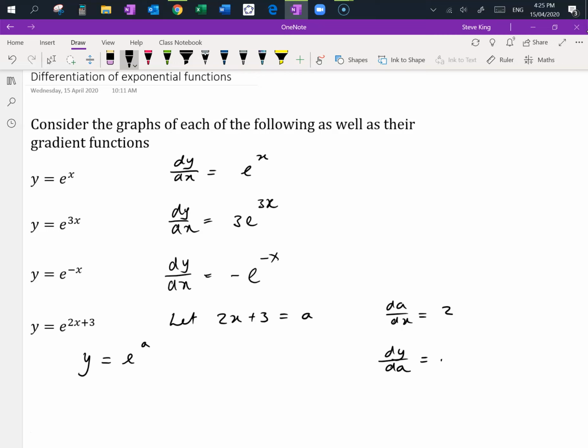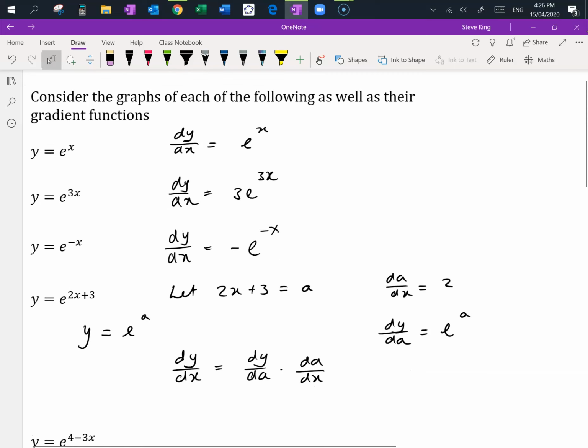That's going to simply be e to the power A. And so if I want to know what dy dx is, using my chain rule, I can say this is going to be dy dA times my dA dx, and that's simply going to be e to the power A, that's 2x plus 3, and that whole thing needs to be multiplied by dA dx, which is 2.